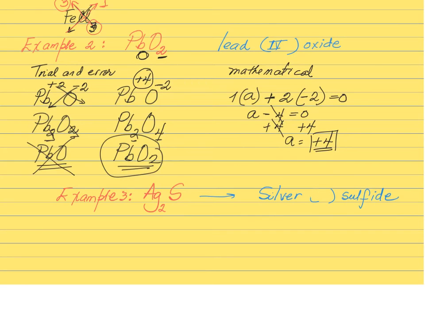Do you have to write that over there? The answer is no. So if you have a transition metal, and when you look at the list, that transition metal can only show one oxidation number, you don't have to write the oxidation number between parentheses.